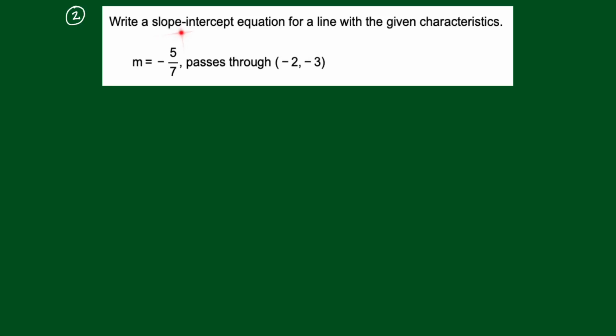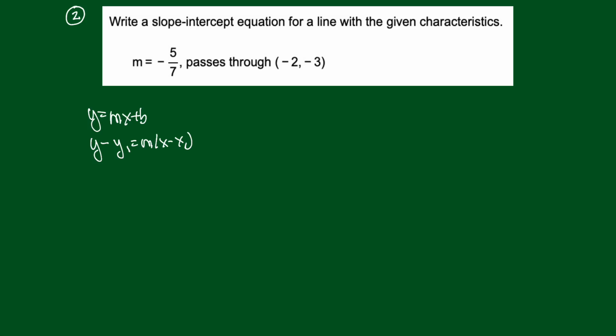We want to write the slope-intercept form equation for a line with these characteristics. As soon as I see "write the equation of a line," I'm thinking this. I've got two templates, y equals mx plus b, and y minus y1 equals m times x minus x1.